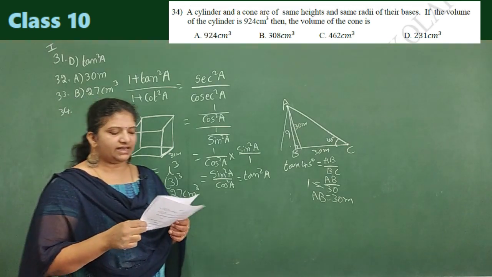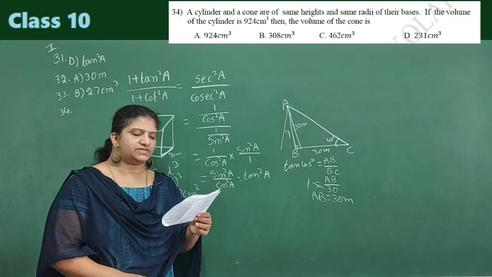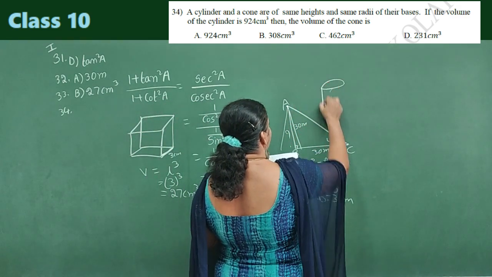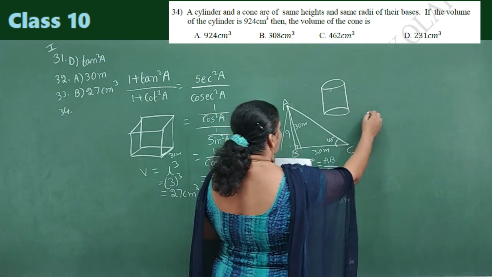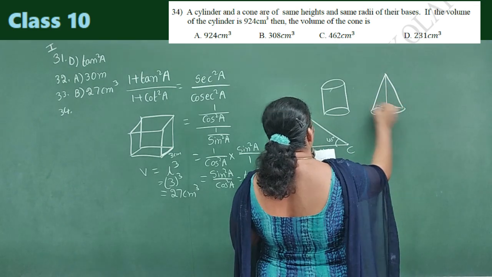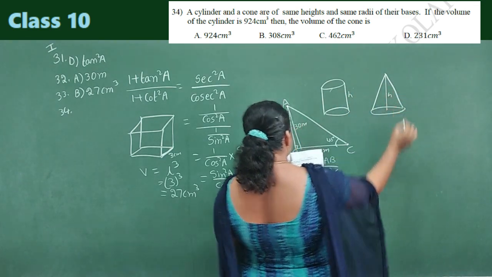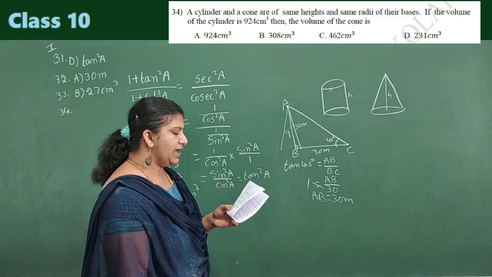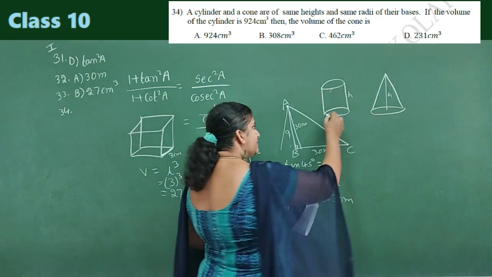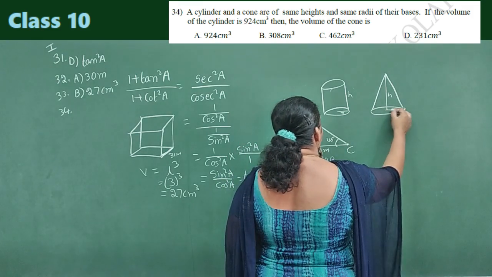34th one. A cylinder and a cone are of same height. Same height. Okay? And same radii of their bases. Radius also same.